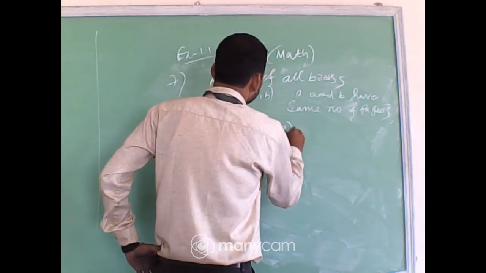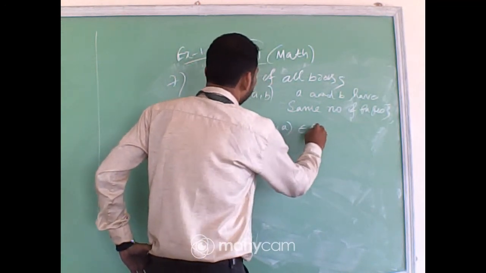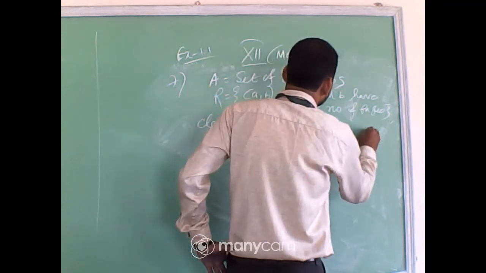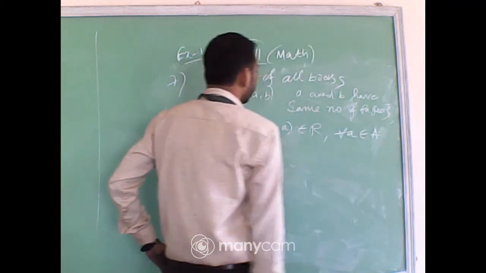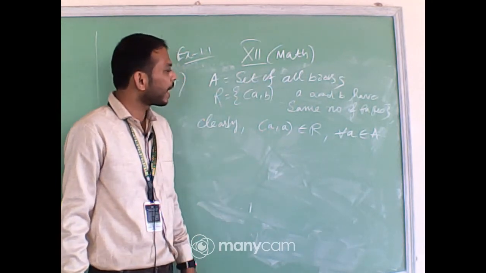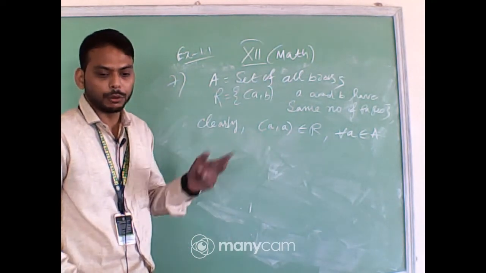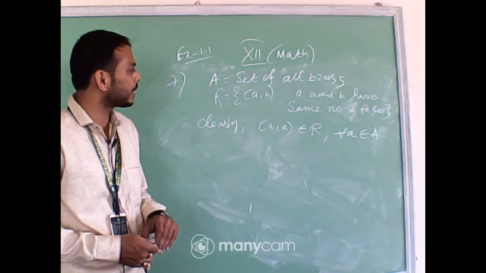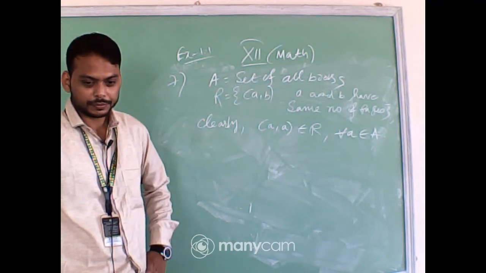(a, a) belongs to R for all a belonging to A, the set of all books. Why? Because if you take two same books, then they have the same number of pages, isn't it?